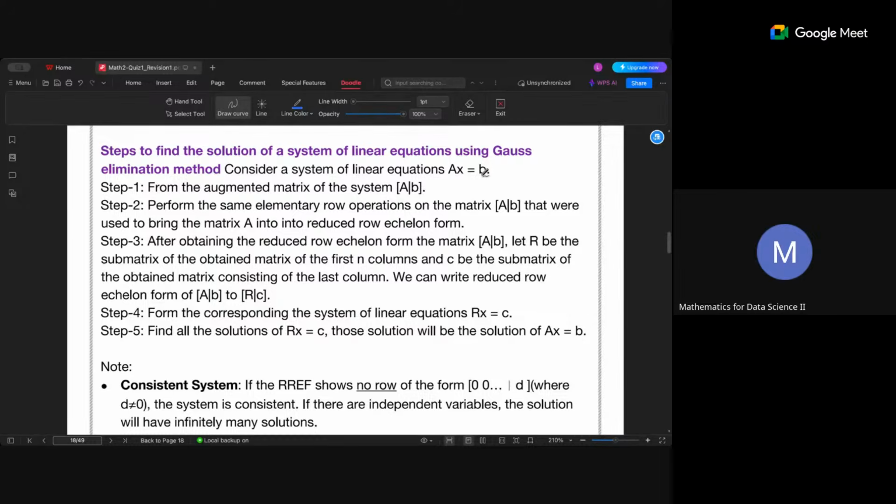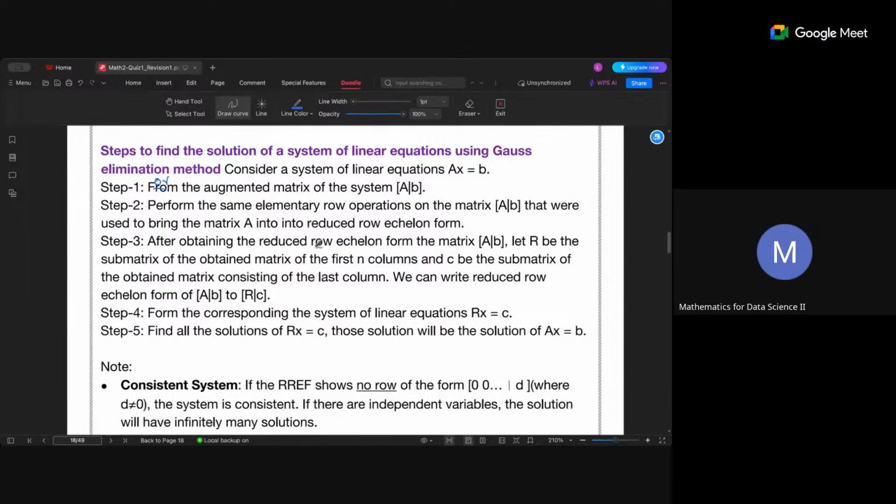Augmented matrix means just consider this B along with A. Perform the same elementary row operations on the matrix AB that were used to bring the matrix A into RREF form. So whatever operations you do to make A into RREF, you have to do it for B as well.